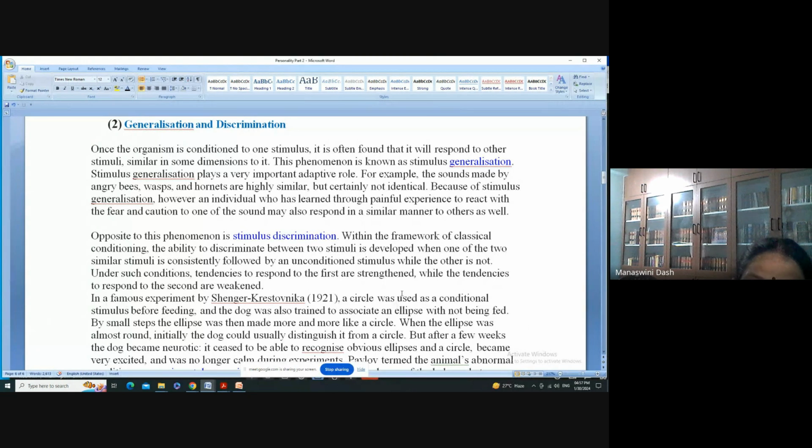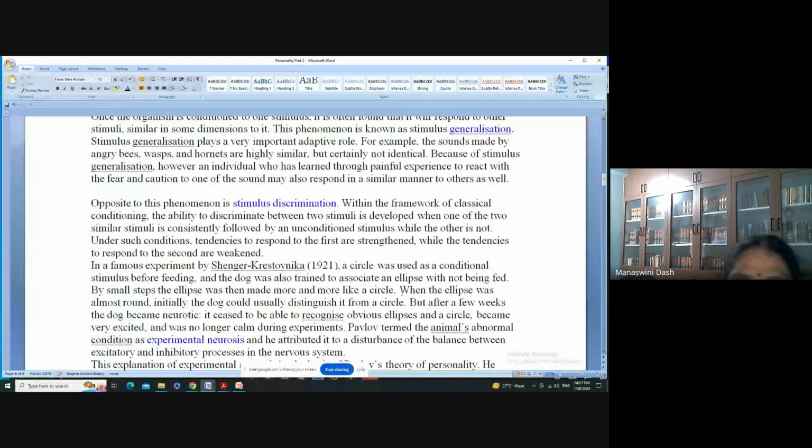So the tendency to respond to the first stimulus, which was followed by the food, is strengthened, while the tendency to respond to the second stimulus, which was not followed by food, is weakened.